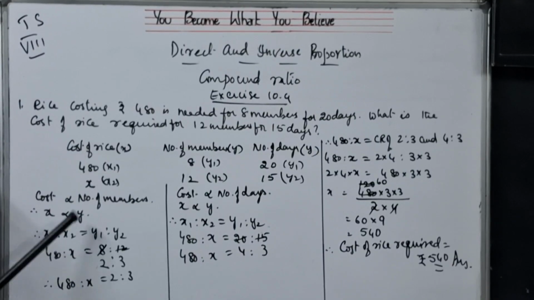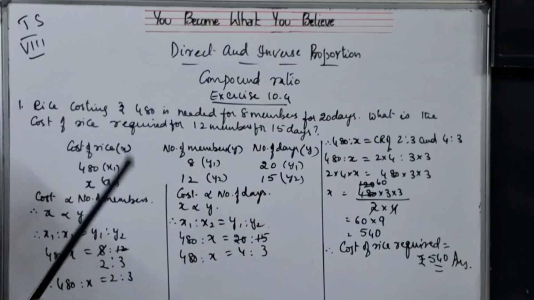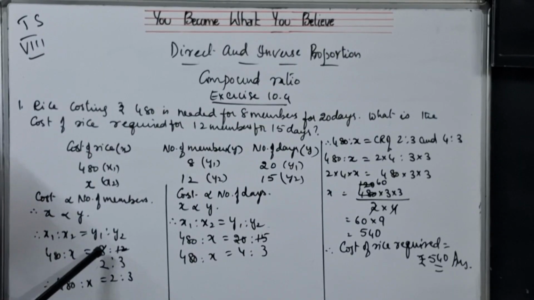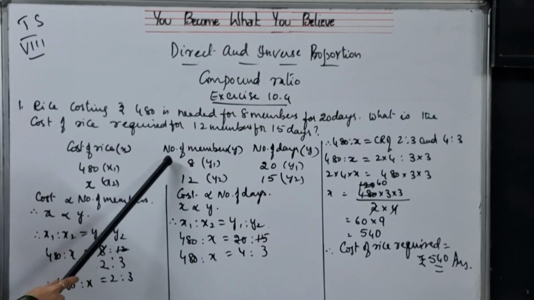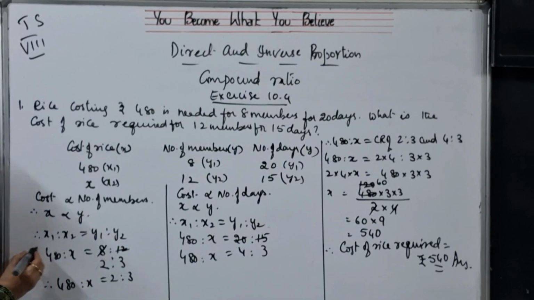So x is directly proportional to y. That means x1 is to x2 is equal to y1 is to y2. X1 and x2, this is y1 and y2. So 480 is to x is equal to 8 is to 12. 4 twos are 8, 4 threes are 12. So 480 is to x is 2 is to 3. This is the simplified ratio. 480.